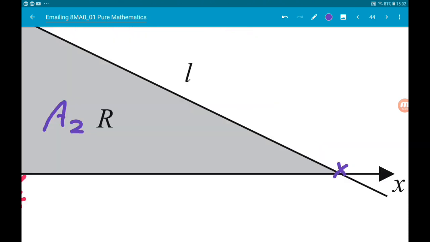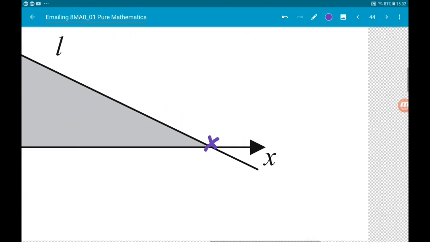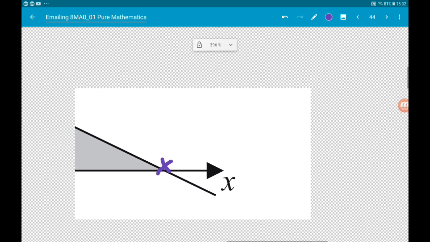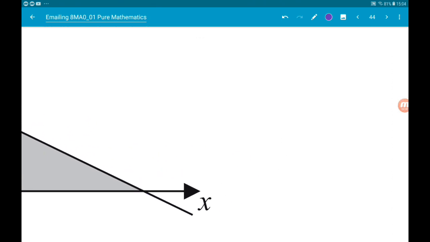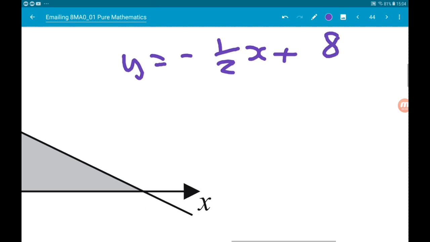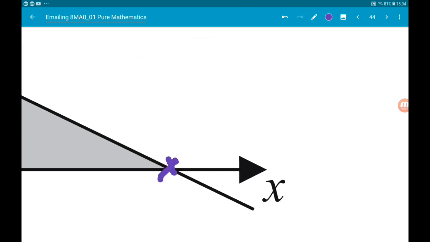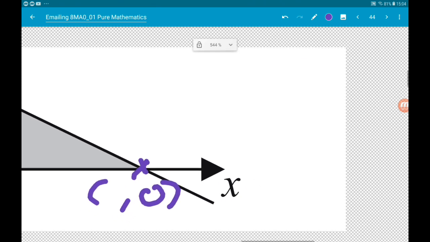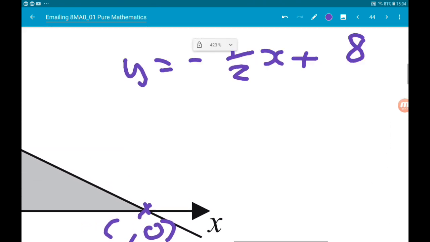So what we're trying to find, remember, is this point here. The equation of the line is y equals minus 1/2 x add 8. At this point, y is equal to 0, because we're on the x-axis.